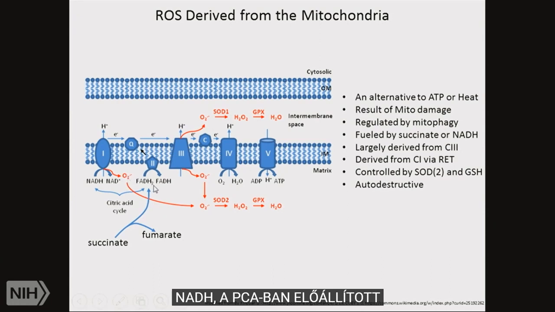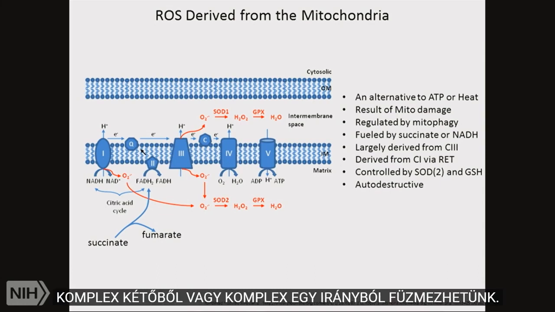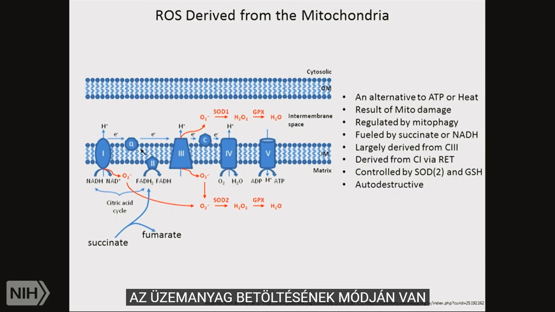The second is FADH, which is a result of complex 2 in the conversion of succinate into fumarate by succinate dehydrogenase. And we'll talk a little bit more about that as well. So we can fuel this process from 2 different directions, complex 2 or complex 1. Regardless of which way that fuel comes in, there's the opportunity for leakage at complex 3.